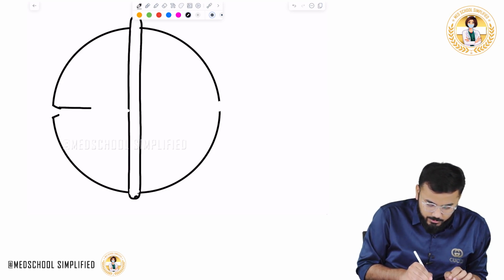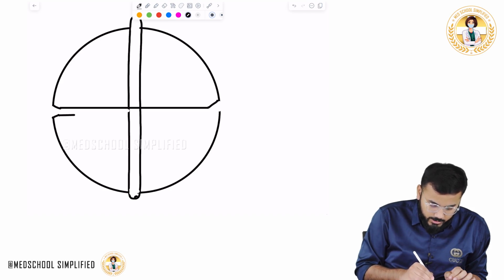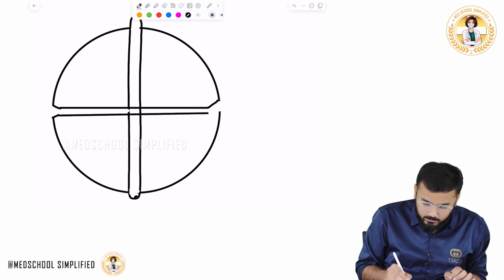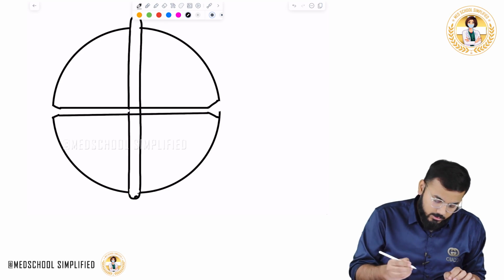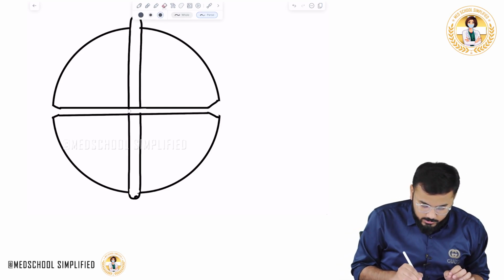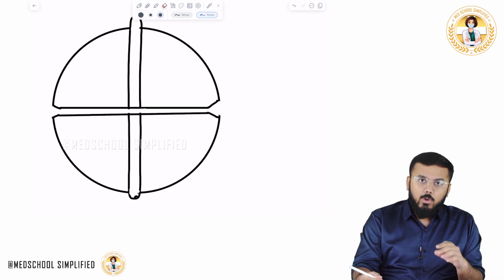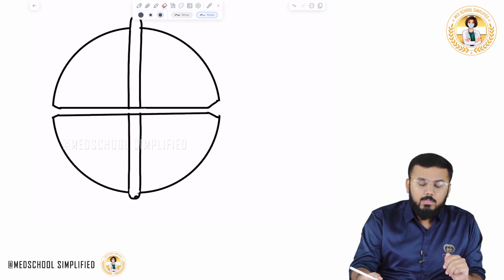So this structure which I'm drawing right now is called your horizontal fissure. The horizontal fissure is dividing the cerebellum into the upper part as well as the lower part of the cerebellum.